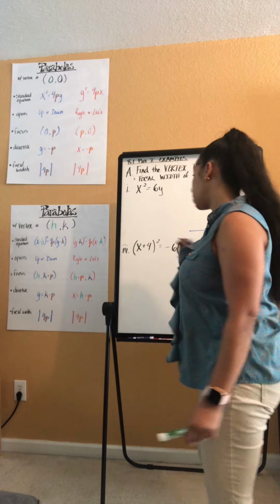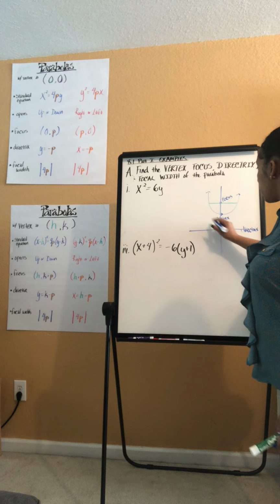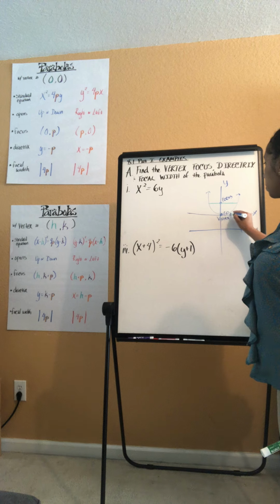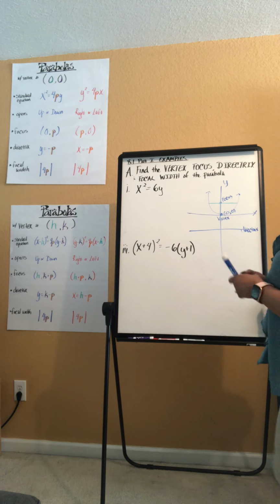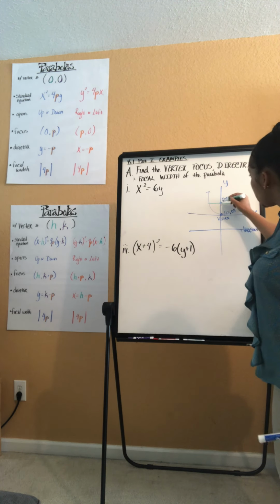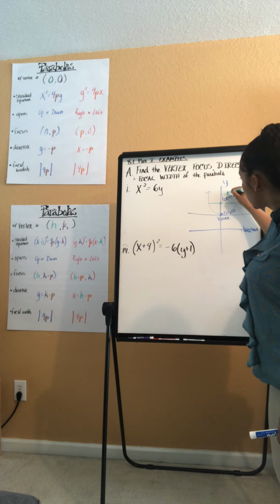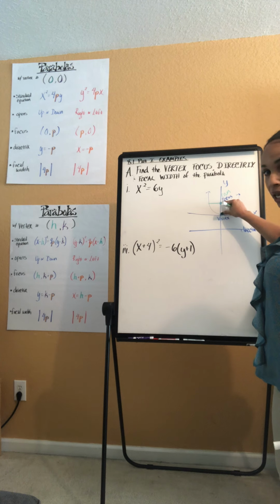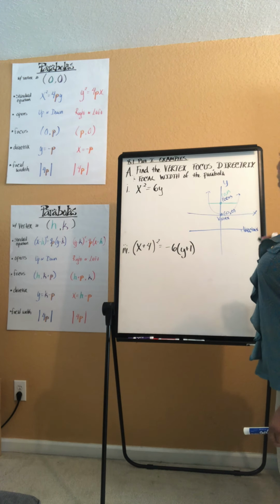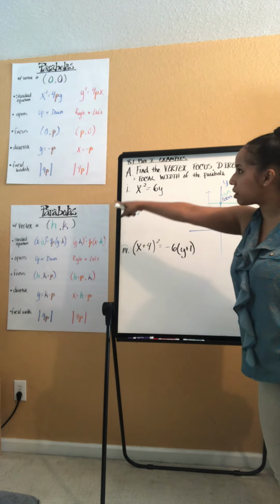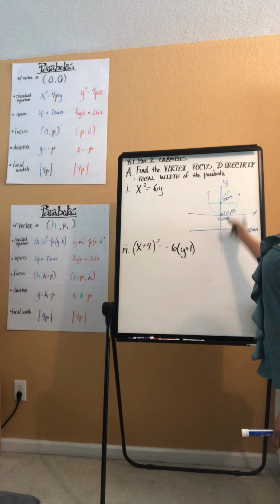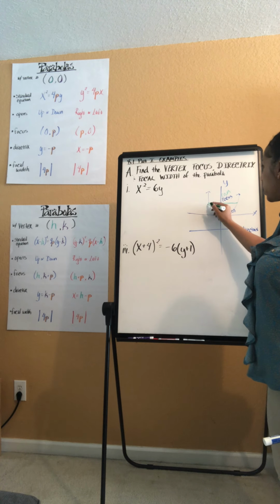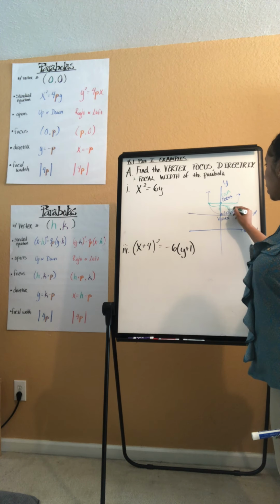If the vertex is at 0, 0, then, so say we had the x, y axis, and this was at 0, 0. Then our focus would be 0, p, meaning that the distance from the vertex to the focus is p. It's always p. And then our focal width, you notice down at the bottom, is 4p. So if this is p long, then from here to here would always be 4p.